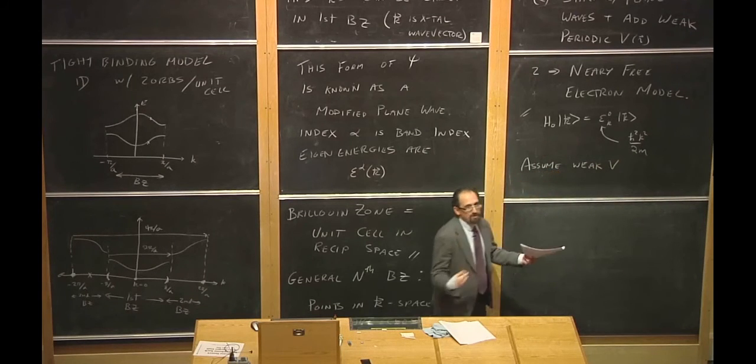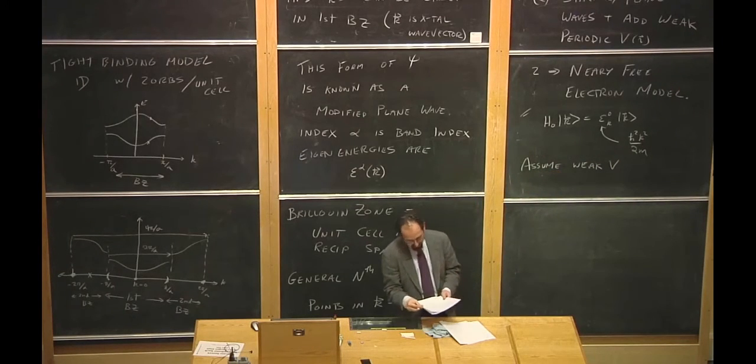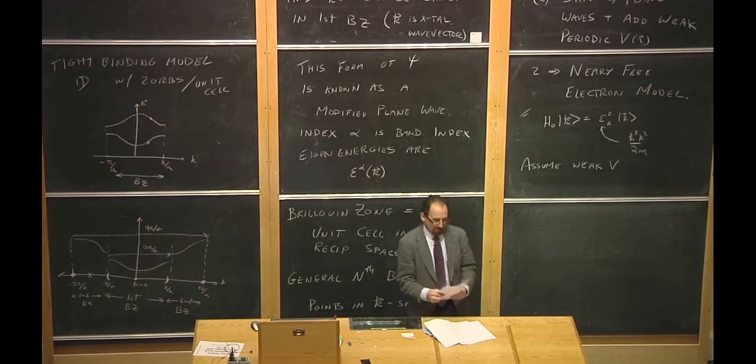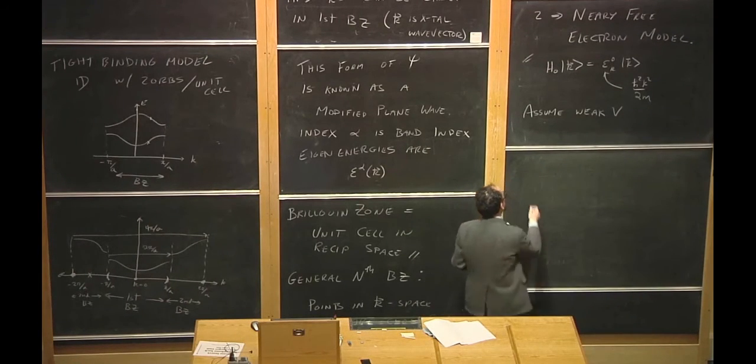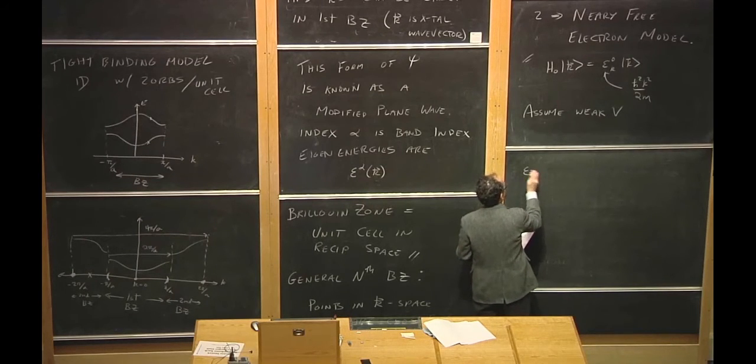All right, so what do you do when you have a weak perturbation to a Hamiltonian? Well, you use perturbation theory, which you presumably learned last year. So you remember what happens to the energies in perturbation theory. Let's start with first order perturbation theory.